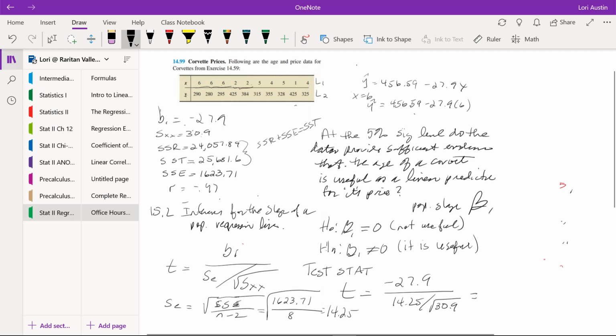And use those values to get, one second, square root. I got negative 10.88. Yeah, that's what I got. Okay.